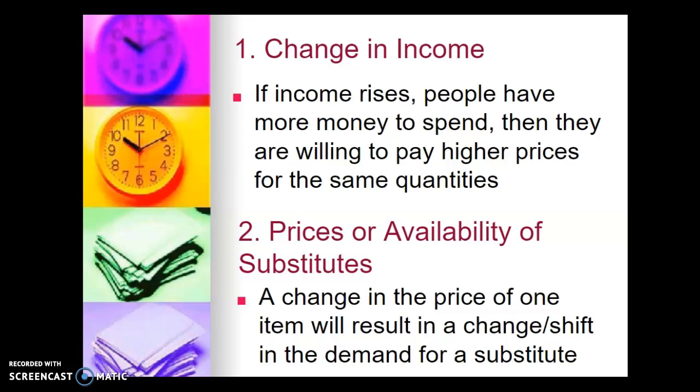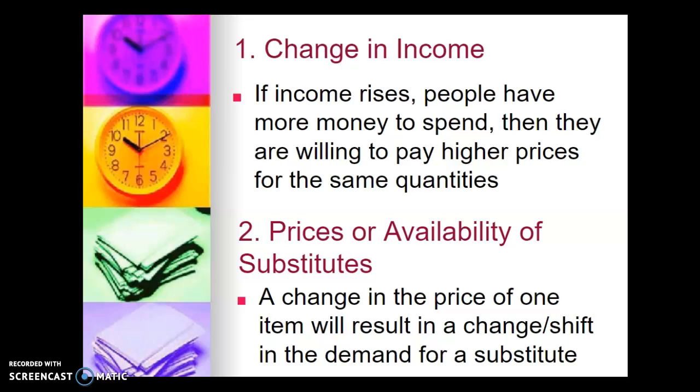The second one is the price or availability of substitutes. A change in the price of one item will result in a change or shift in the demand for a substitute. So for example, if the price of your favorite steak or ribeye increases from $2.50 for a ribeye to $10 for a ribeye, you may then go to the substitute, which would be a hamburger.